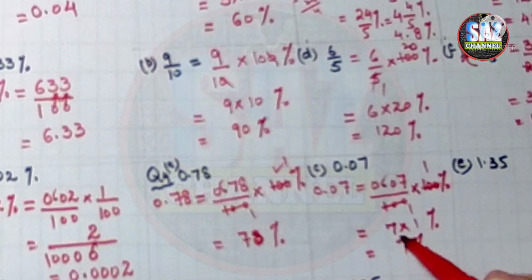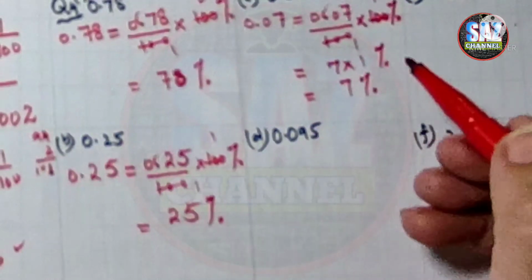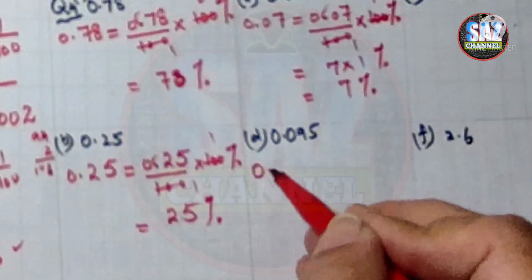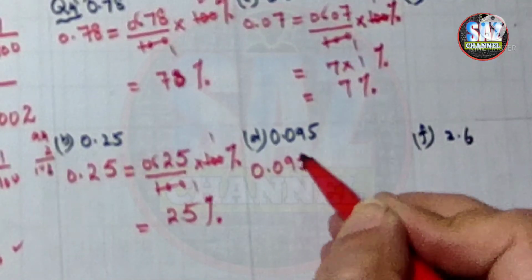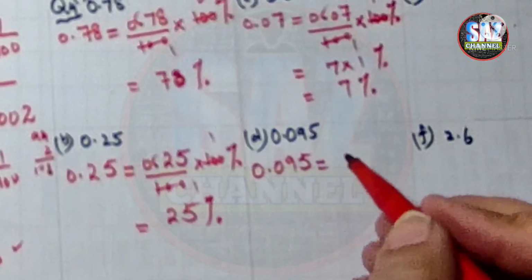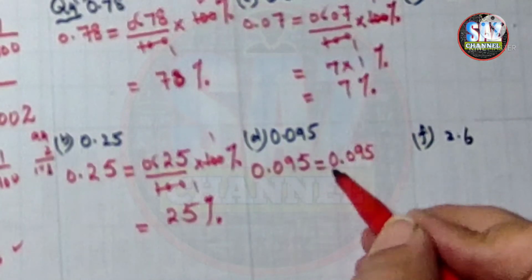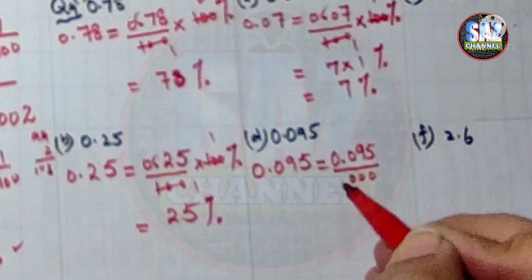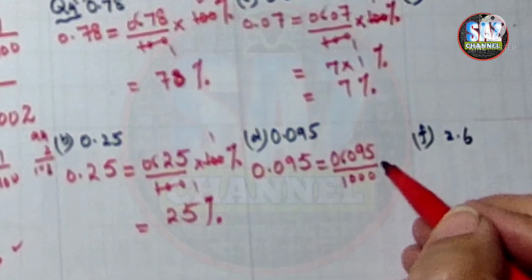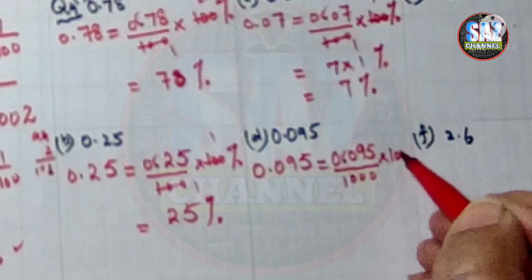Okay, moving to the next part, 0.095. Remove the decimal and multiply it by what, students? 100%. And why? Because we have to write the answer in percentage.